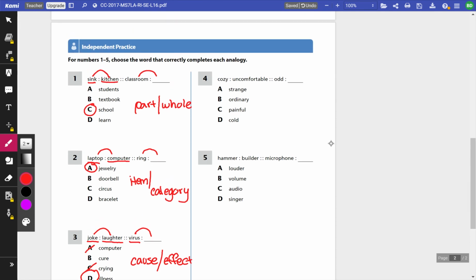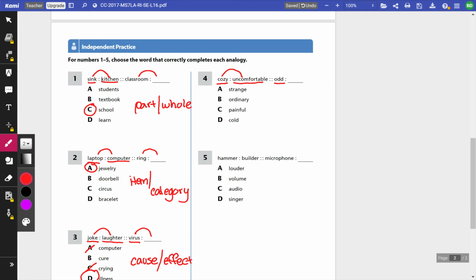Okay, so number 4, cozy is to uncomfortable as odd is to blank. So let's look at the relationship between cozy and uncomfortable. If something is cozy, it means that it's warm, it's comfortable, that it's awesome all around. If something's uncomfortable, you probably don't like it.